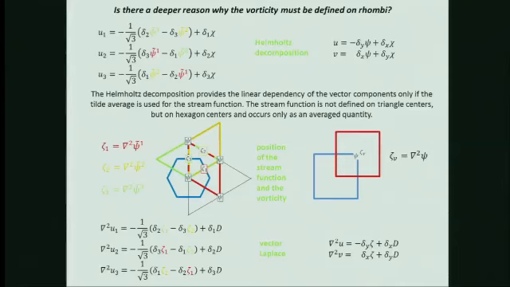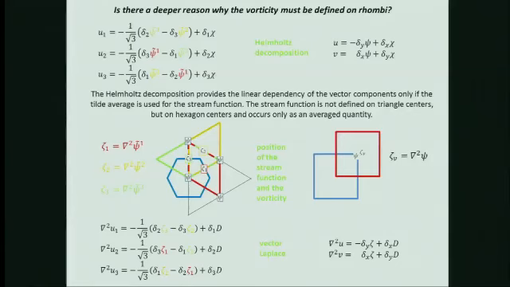So we have to slave the overspecified vector components, and as I told you before, this is done via this kind of tilde averaging, which results in the fact that if I put the tilde averaging on the first, second, and third equation and sum them up, it will give 0, which proves that those components are linearly dependent.